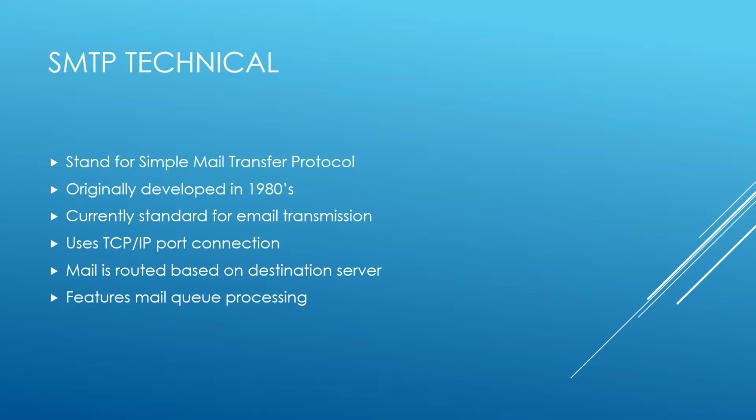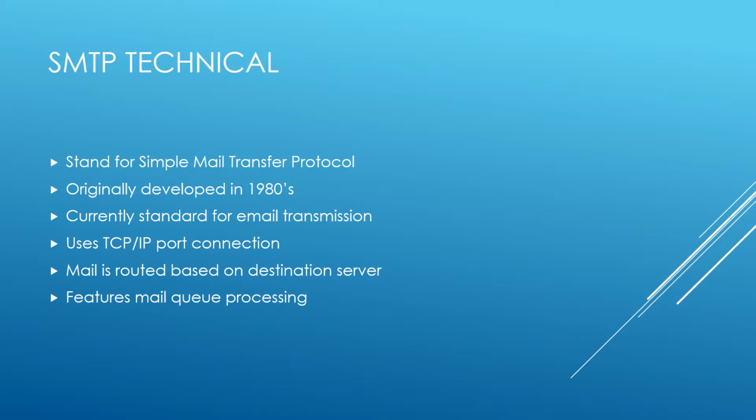SMTP also uses TCP/IP port connections. It connects through a non-encrypted connection on port 25, and it also connects through a secure connection on port 465. SMTP is a unique protocol because its mail is routed based on destination server.